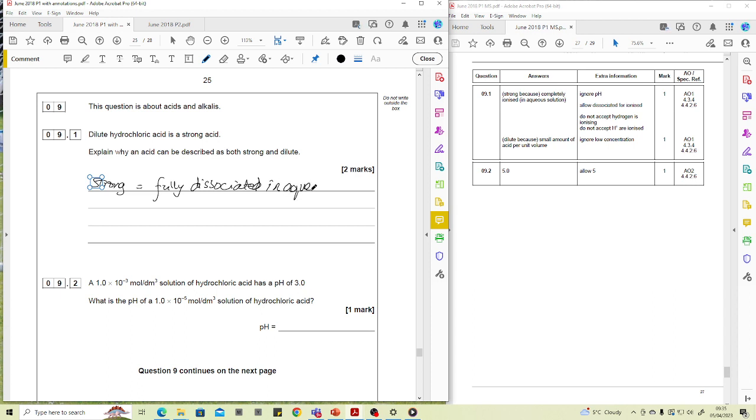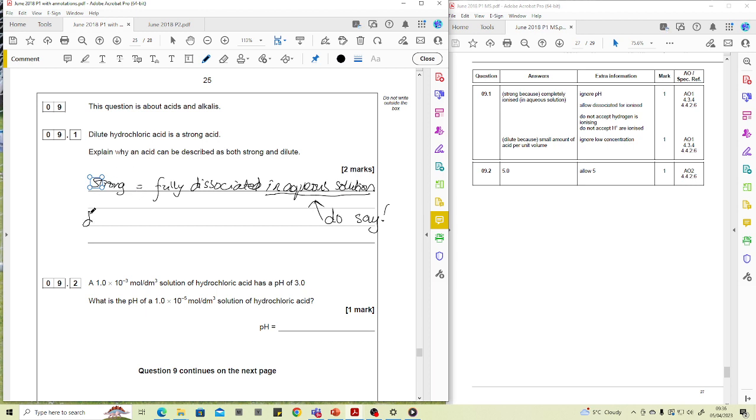Now, can you see in this mark scheme it says that in aqueous solution is in brackets, so you don't have to say it, but in the 2022 paper you do have to say that. So in solution, or in aqueous solution even better, was required on the 2022 mark scheme.